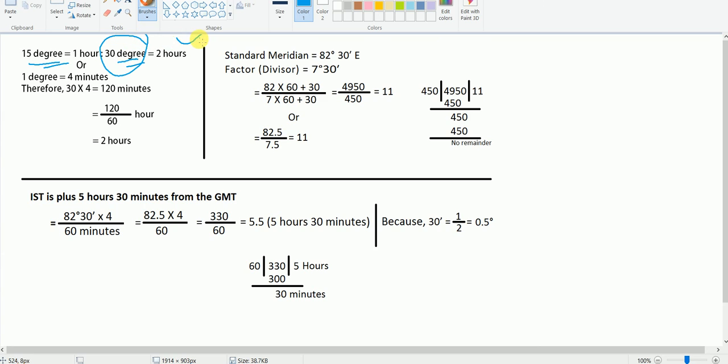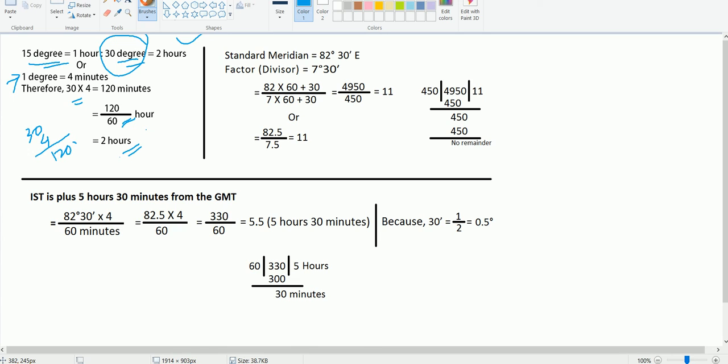That is why the time difference is 2 hours, because 1 degree is equal to 4 minutes. Remember, for every 1 degree there is a difference of 4 minutes. Therefore if you multiply 30 by 4, you will get 120 minutes. And if you want to convert it into hours, you have to divide it by 60. That means 2 hours.